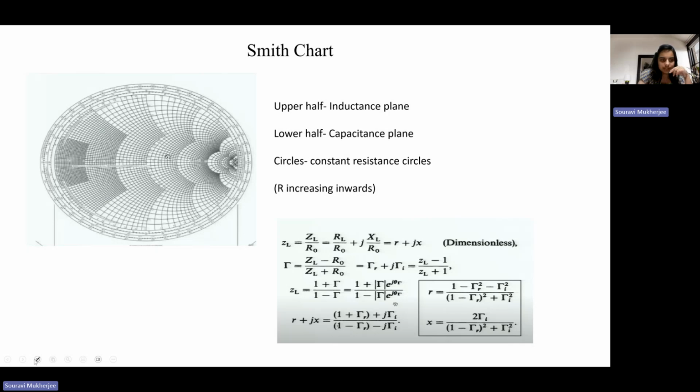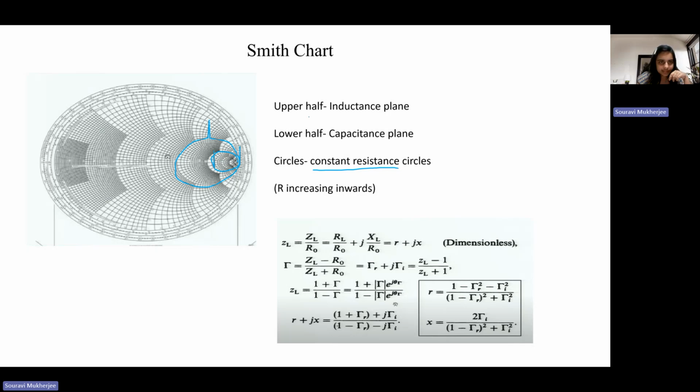We will derive and see how this comes up, but before that, you can see all these circles here, right? Starting from here, you have all these kinds of circles. These circles are all constant resistance circles, and we'll see why.